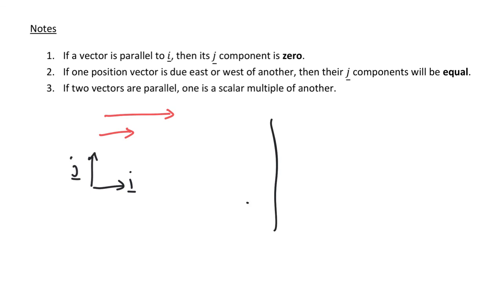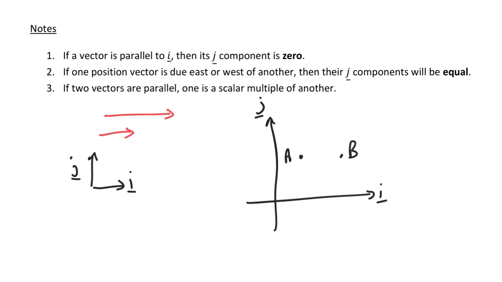So if we think about that in terms of a coordinate grid, so A and B are due east and west of each other, and if this was the i plane and the j plane, then to find their coordinates, they have the same j value. So the j components are equal. And if two vectors are parallel, then one is a scalar multiple of another.